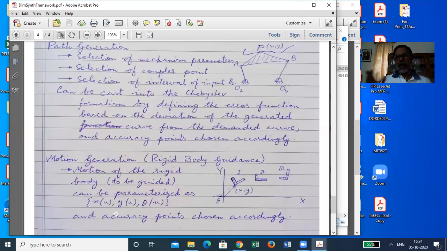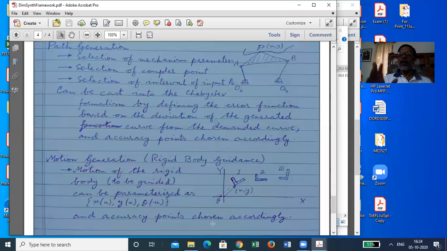I mean either you take a Euclidean norm or you weight the theta a little differently. That is up to your policy. You know the scaling of your problem. So based on that, you can decide the accuracy points. Okay, so this is the definition of the framework of the problem through the Chebyshev spacing formalism.